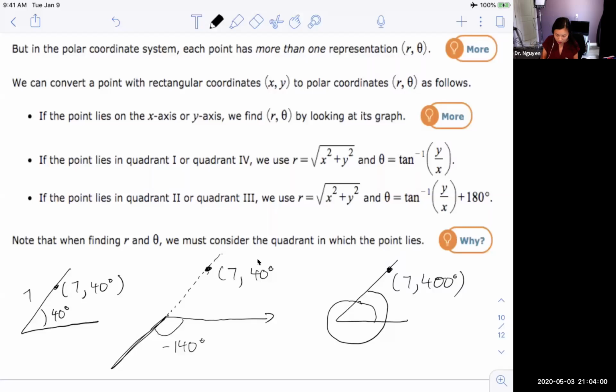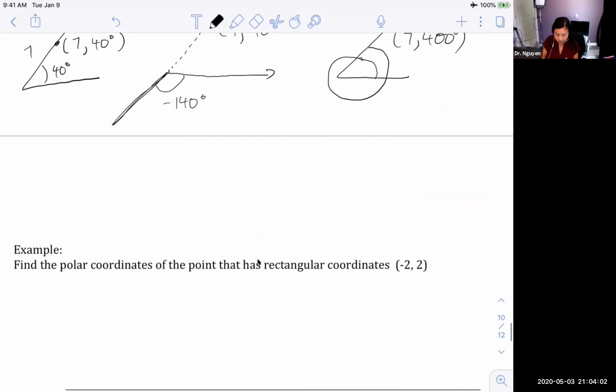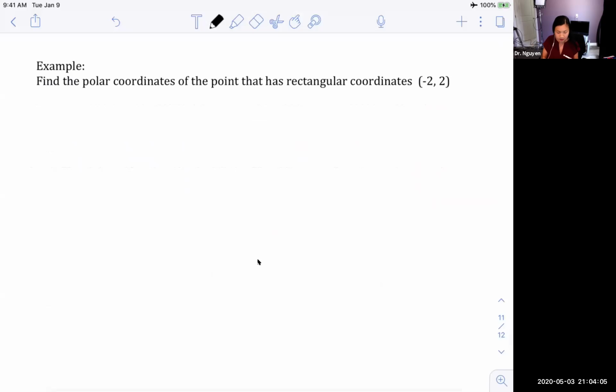All right, so let's try a problem right here. We have to find the polar coordinates of the point negative 2, 2. First of all, let's find r.